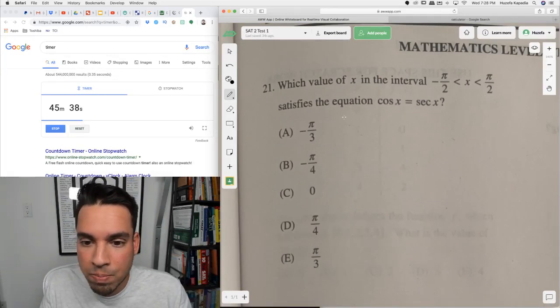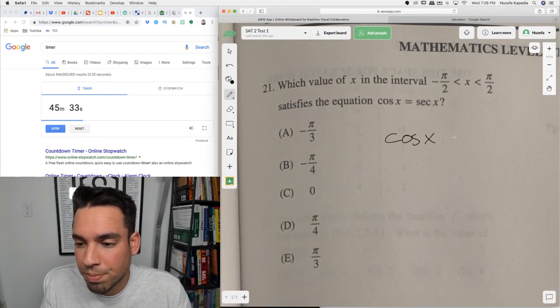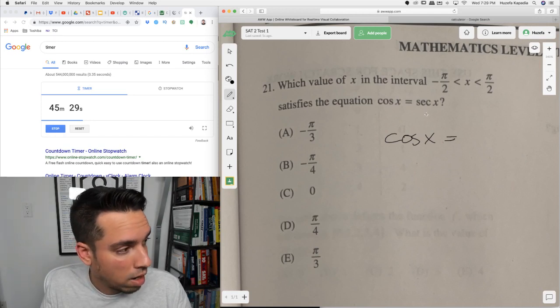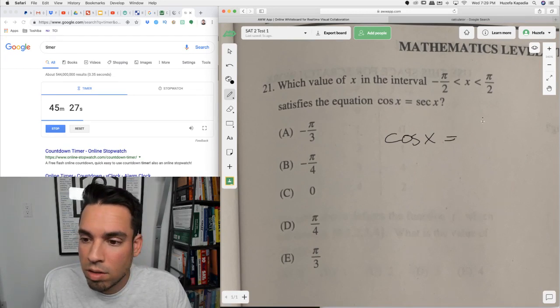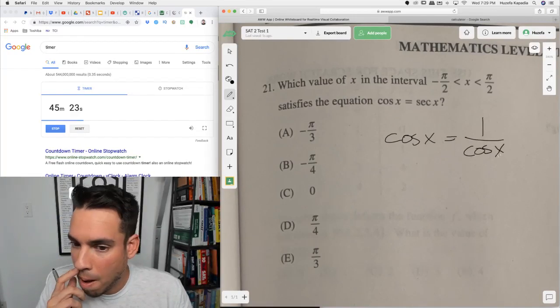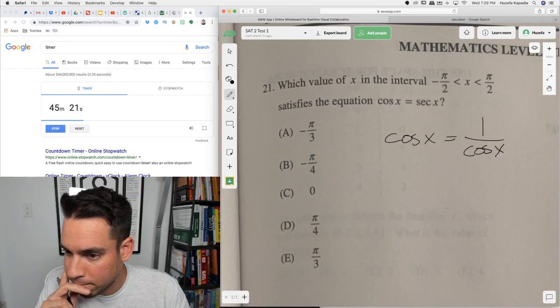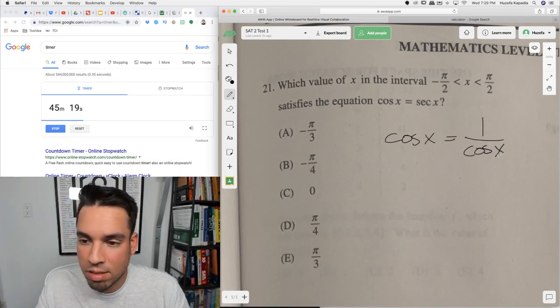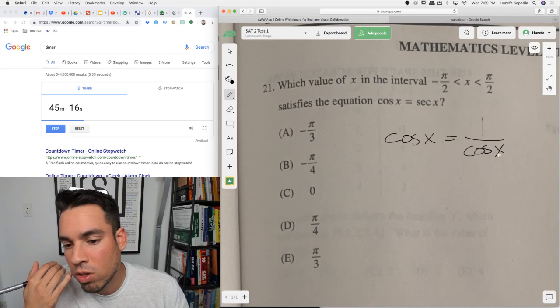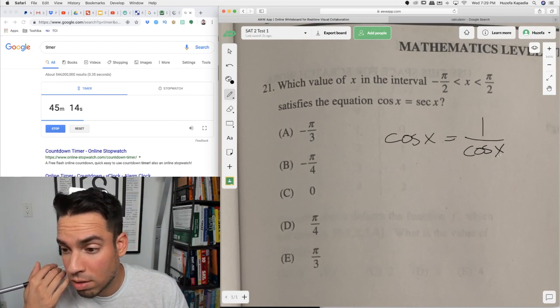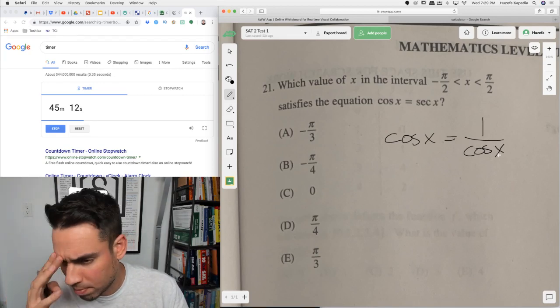But okay, which value of x in the interval satisfies the equation with cosine? Remember, secant is 1 over cosine of x. Secant's literally the inverse, so it's wherever cosine of x equals 1, really, because 1 equals 1 over 1.